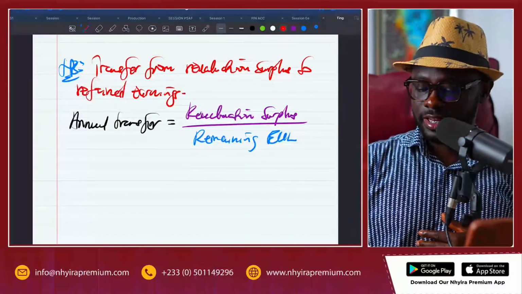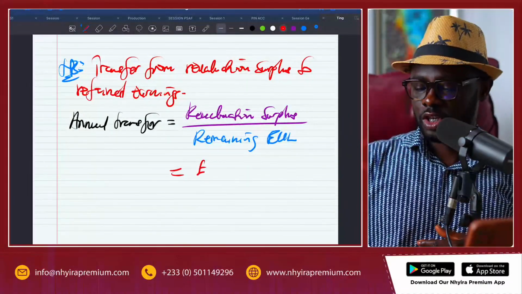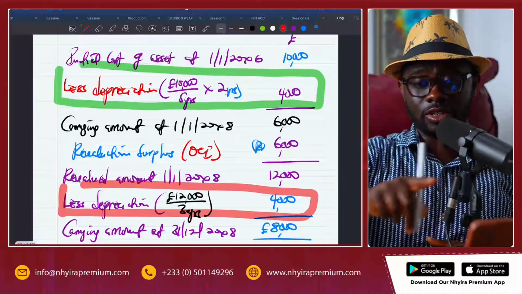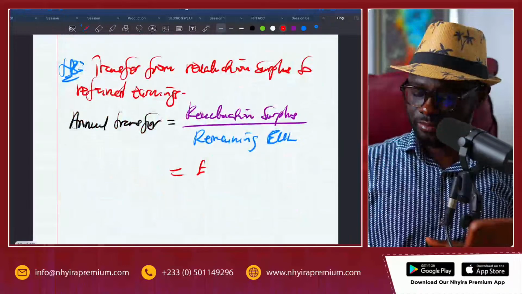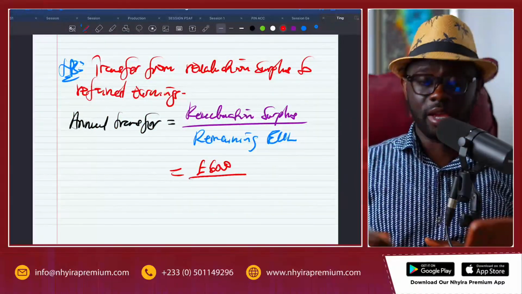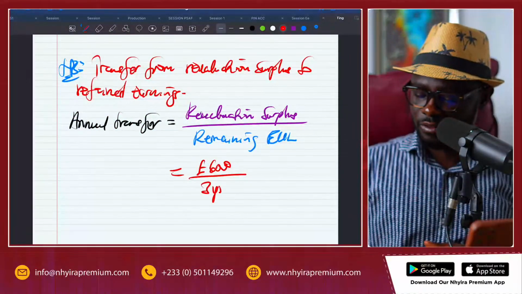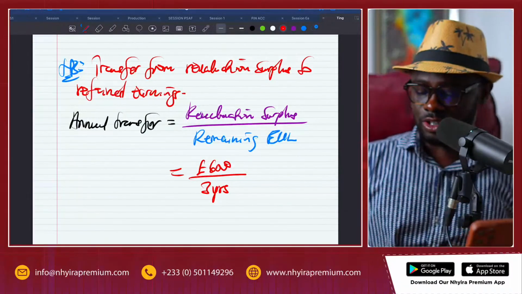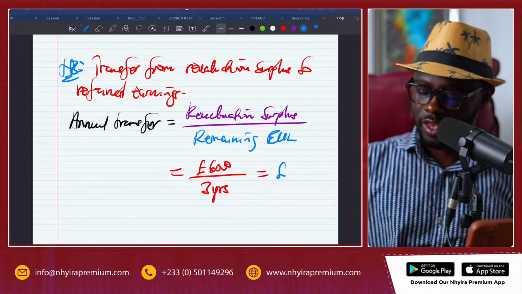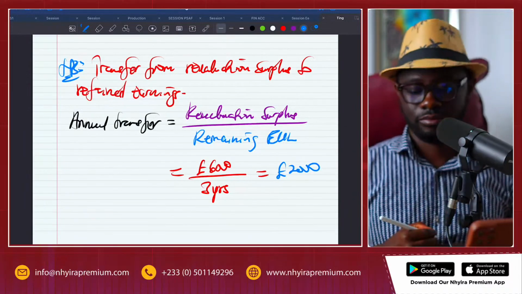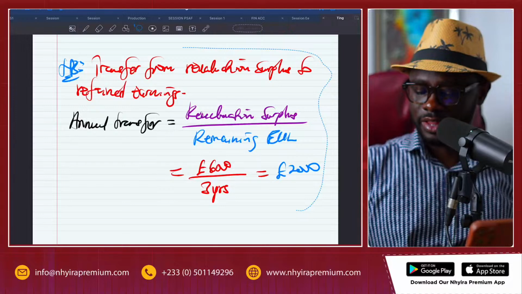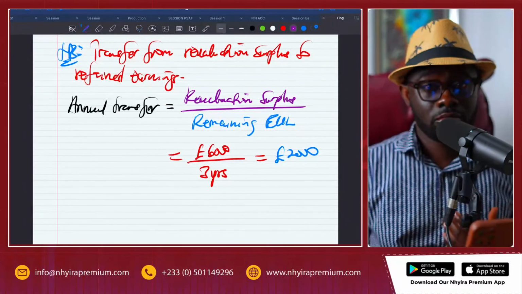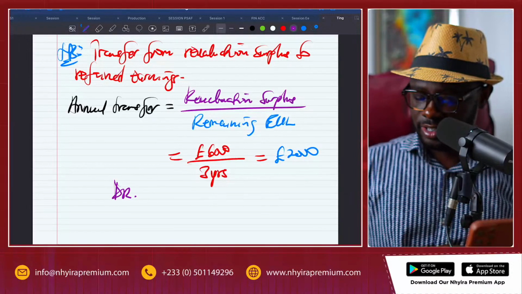And so if we take that, what was the revaluation surplus we had? We had a surplus of 6,000. The remaining economic useful life at the date of the transfer was 3 years. And so every year we would transfer £2,000. And the double entry for that is to debit the revaluation surplus account and credit retained earnings.